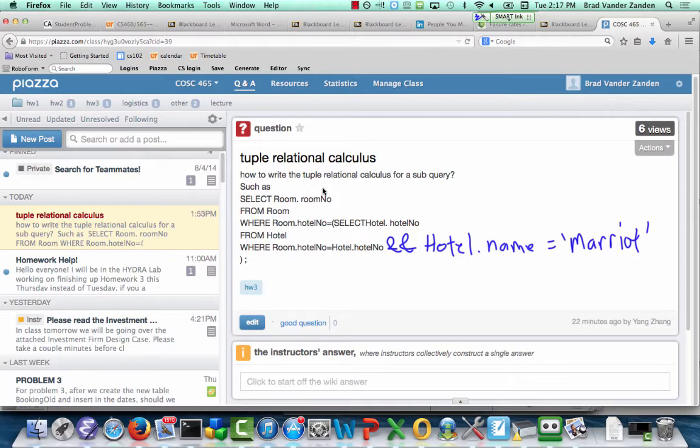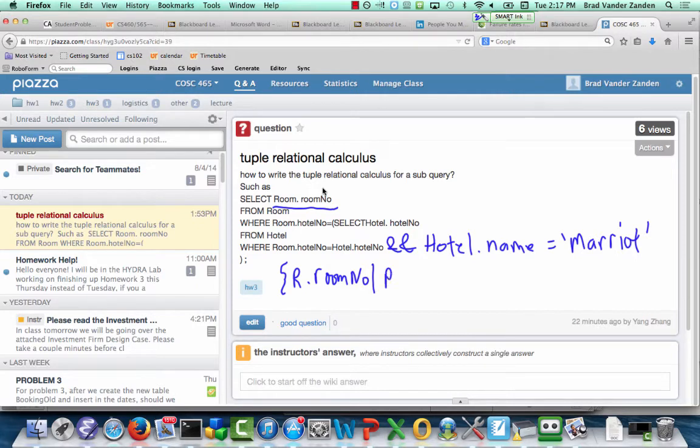The answer is you use an existential quantifier. So remember, the only free variables are those whose attributes appear in the select list. So only room's attributes appear in the select list. Therefore, it can be the only free variable. So I'm going to write r.roomNumber, and it can be a free one.